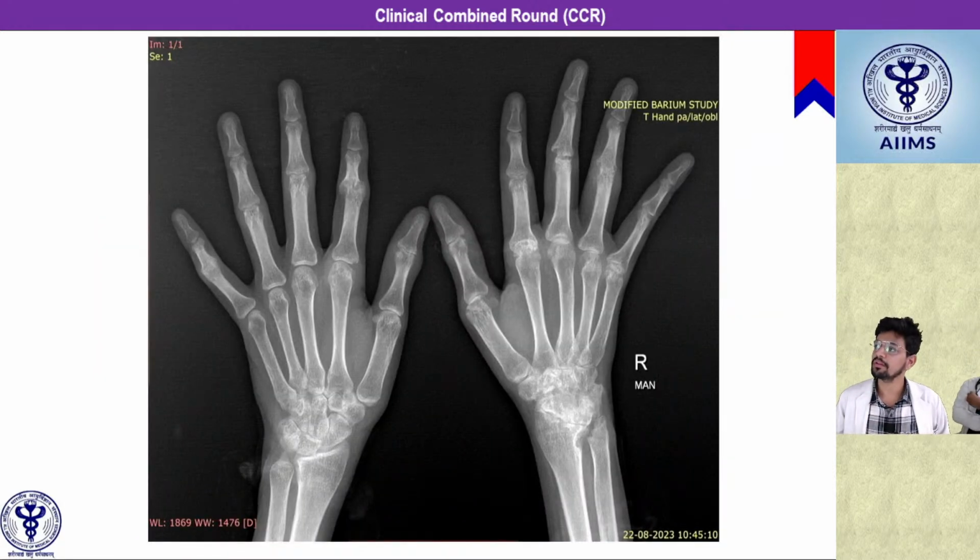Start with the skiagram of the hand of this patient. As you can see, there is scalloping at the ulnar side of the distal end of radius, and there is osteopenia in the periarticular region, and there is joint degenerative change as well with reduced intercarpal space.